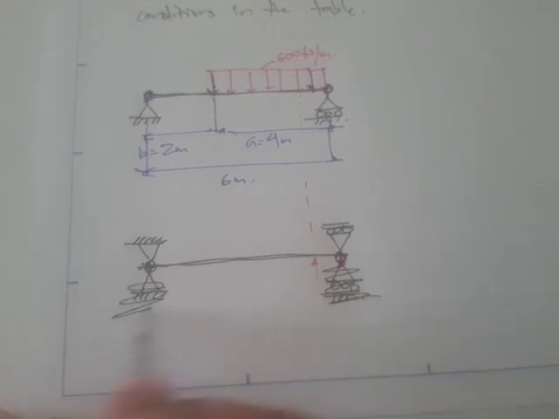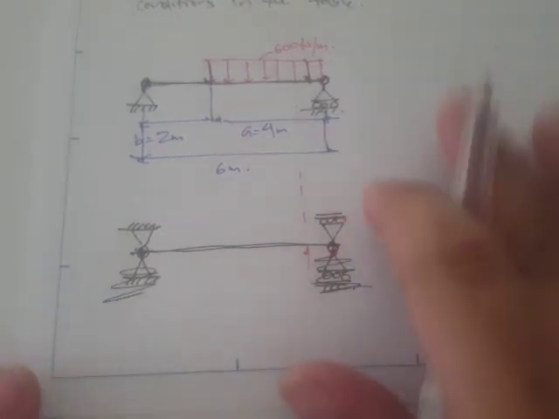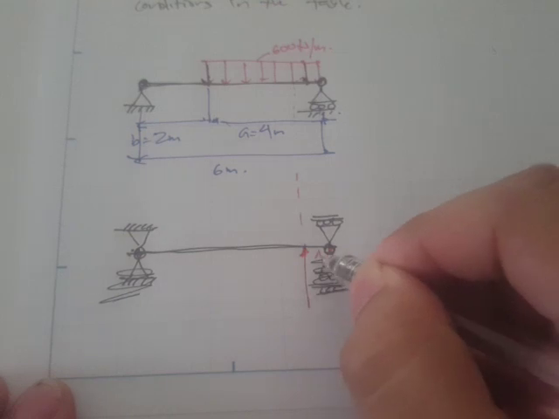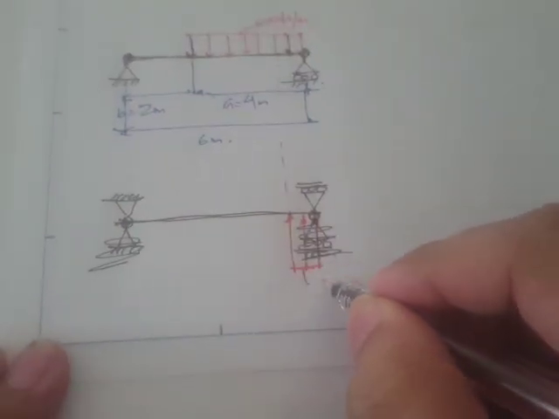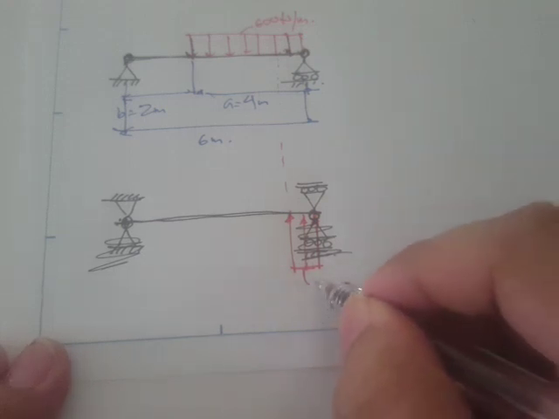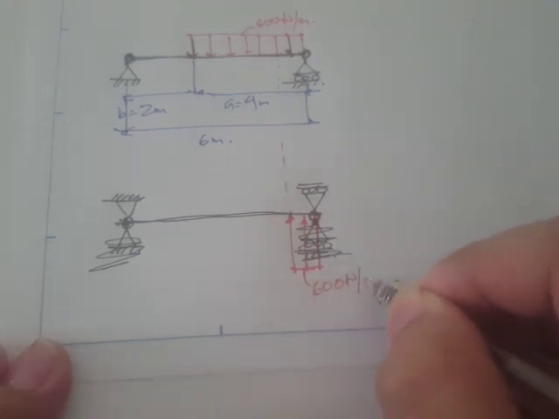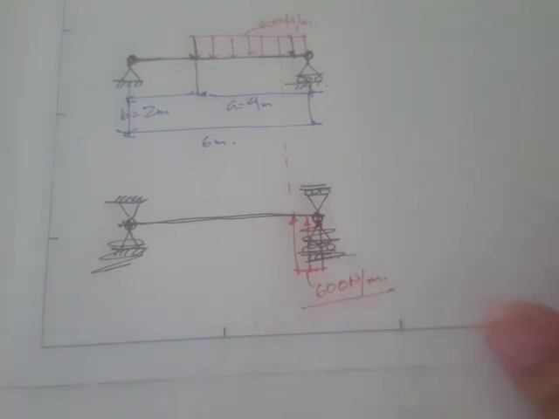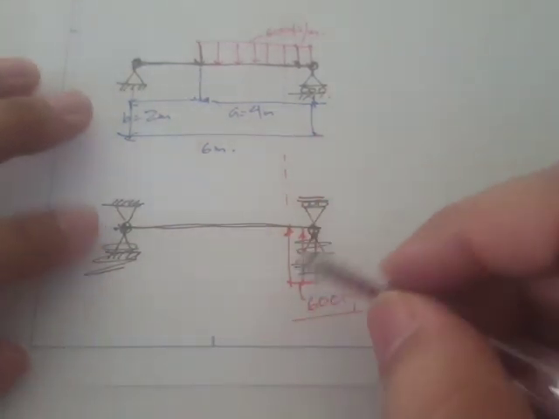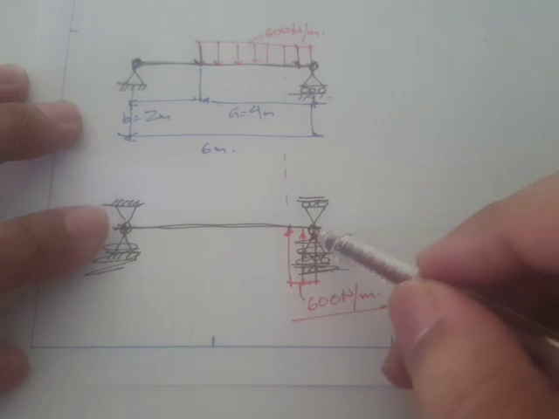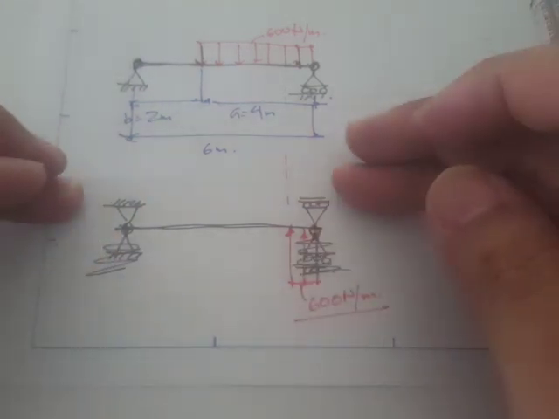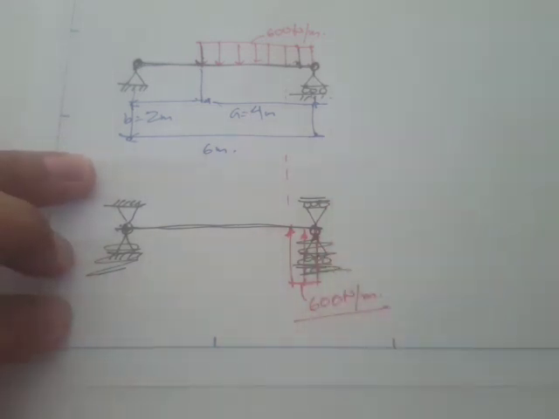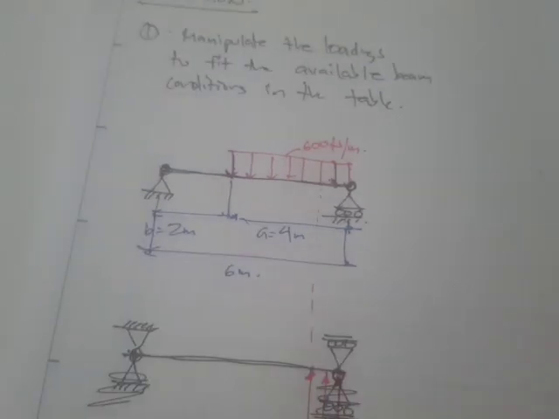It should be these loadings, right? So this one is still the same magnitude, 600 Newton per meter. Sorry about these erasures, but the point right here, I just flipped this, but it's actually the same idea, I guess.